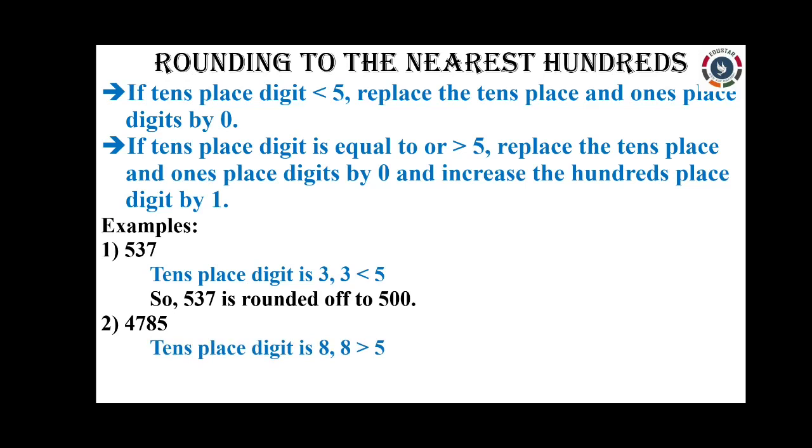So the numbers 8 and 5 we have to replace by 0 and we have to increase the hundreds place digit by 1. Here the hundreds place digit is 7. So we have to replace 7 by 8. So 4785 is rounded off to 4800.